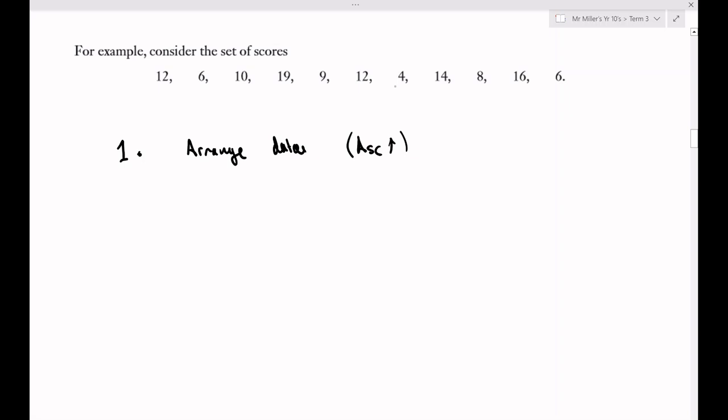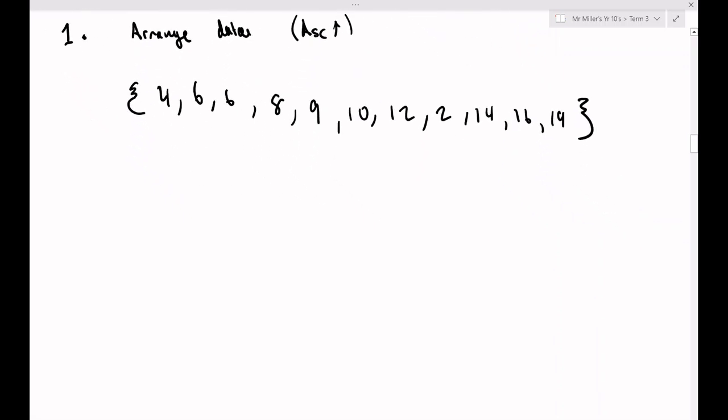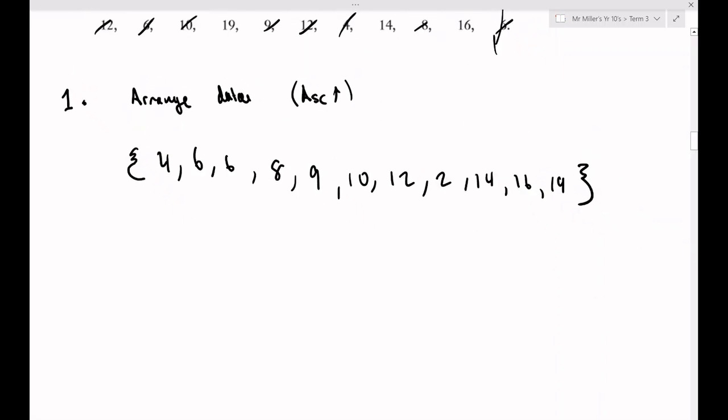So looking through here, I see 4 is going to be the smallest, followed by 6, followed by another 6, followed by an 8, followed by a 9, a 10, 2 12s, a 14, 16, and 19. So if I were to arrange my data from smallest to largest, I would have this arrangement as you see here.